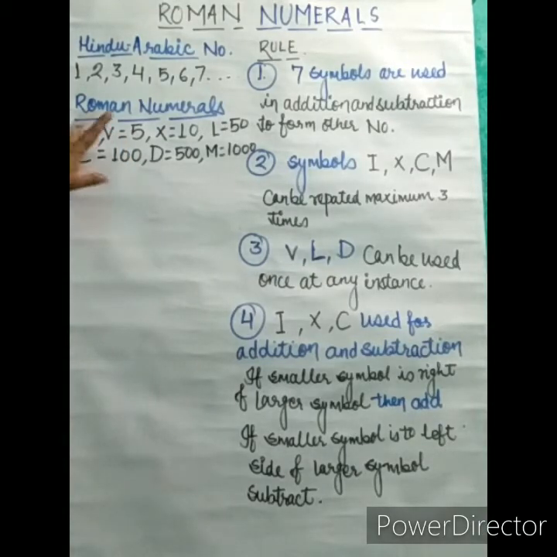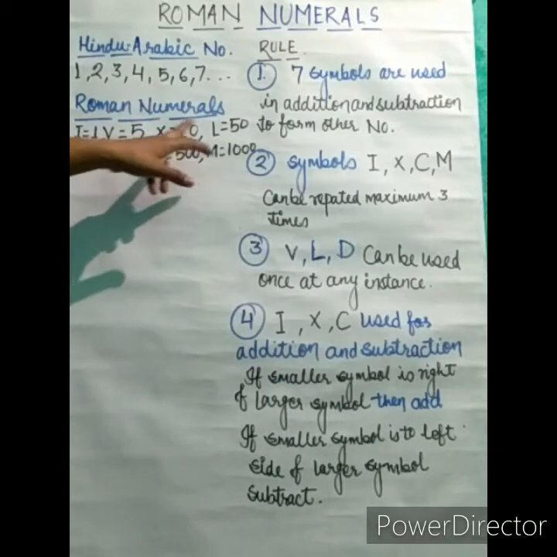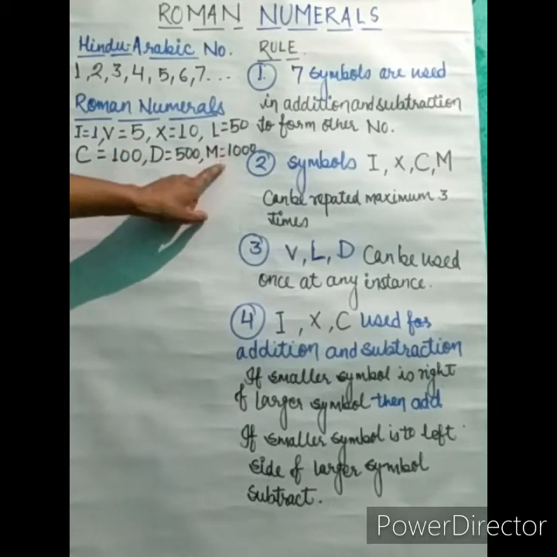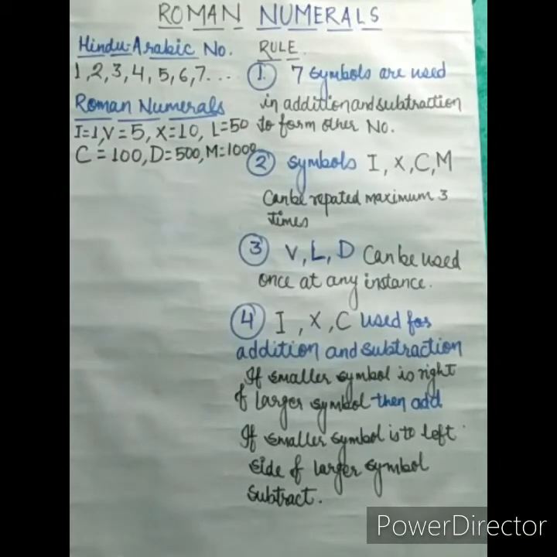I denotes 1, V denotes 5, X denotes 10, L denotes 50, C denotes 100, D denotes 500, M denotes 1000. So these are the 7 symbols. With the help of these symbols we can convert the whole Hindu Arabic counting into Roman numbers.